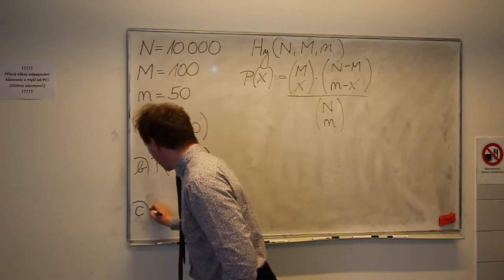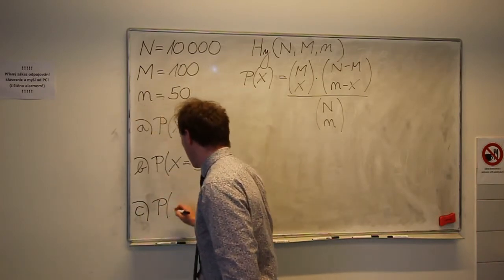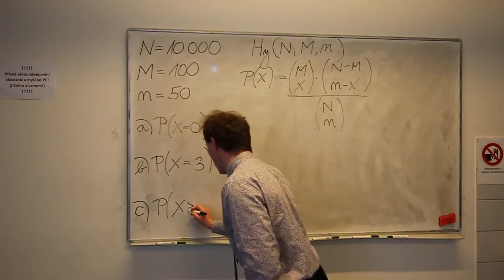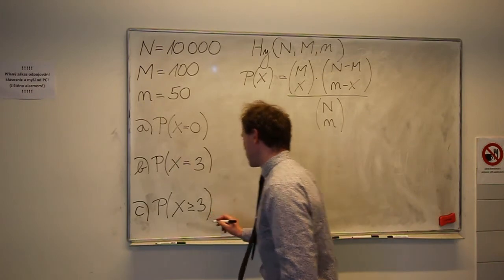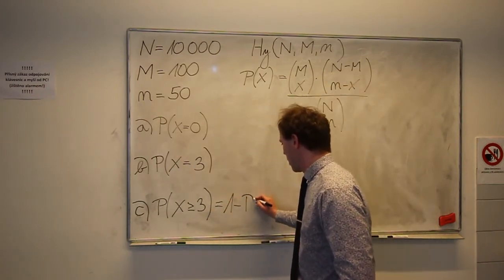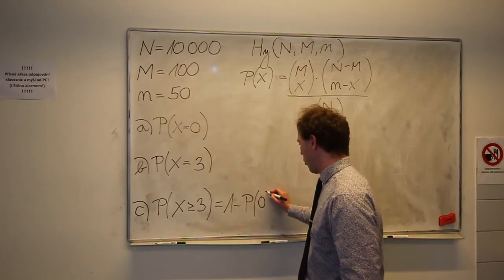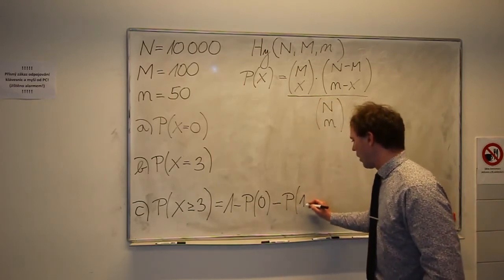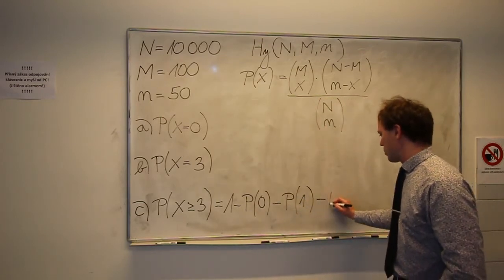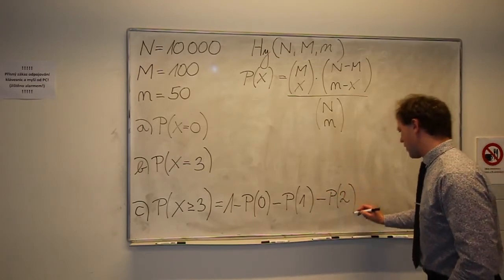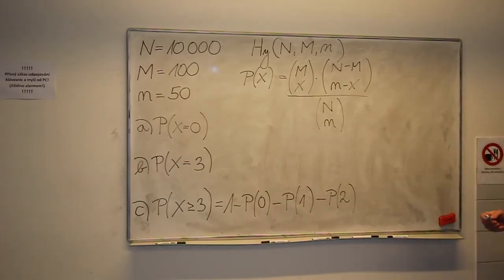And probability C is the probability that X will be greater than or equal to 3, at least 3 left-handed persons. So in our situation 1 minus the probability that there will be nobody left-handed, minus the probability of 1 left-handed person, minus the probability of 2 left-handed persons. So this is our A, B, and C.